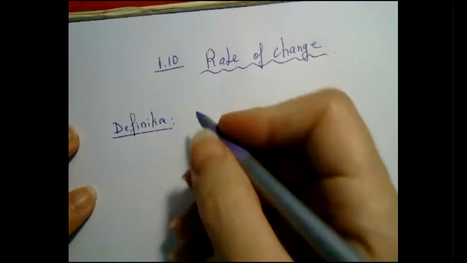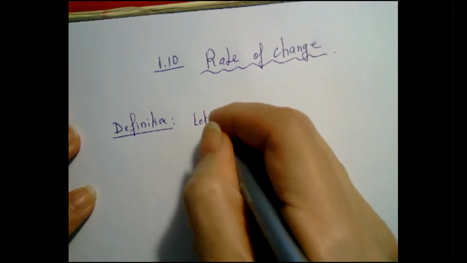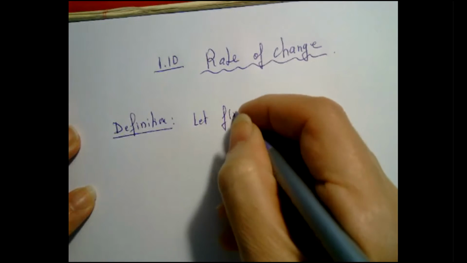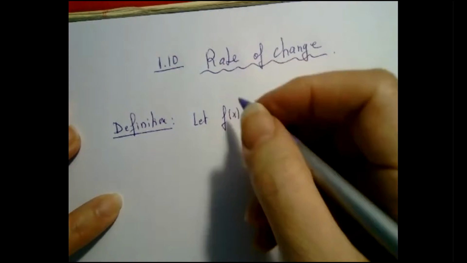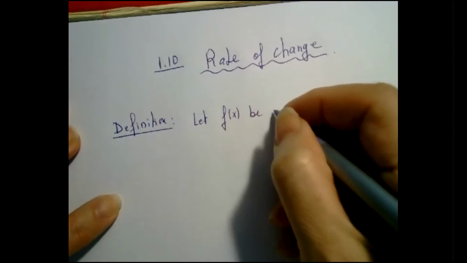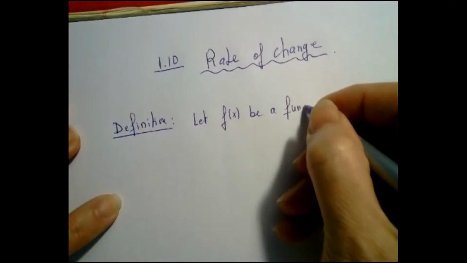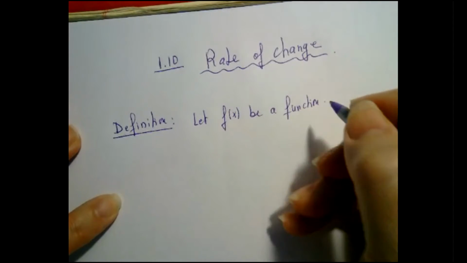So let f of x be a function. When I say f of x is a function, immediately you have to see that I have a rule. You give it an input, and it is assigned an output. So we have an input, and the output changes with it.